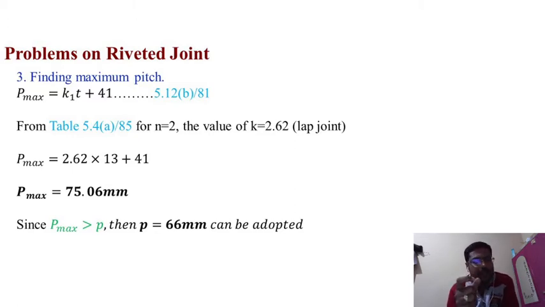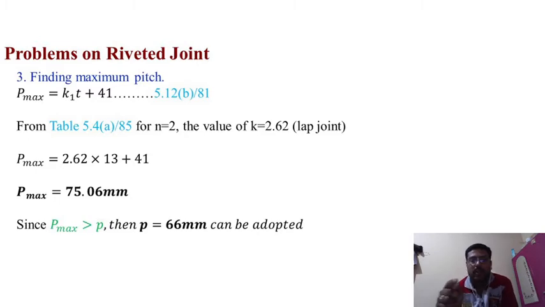Therefore maximum pitch in this case is K1 into T plus 41, equation number 5.12b from the data handbook, page number 81. From table 5.4a, for n equal to 2, the value of stress factor K is equal to 2.62, meaning it is a lap joint.